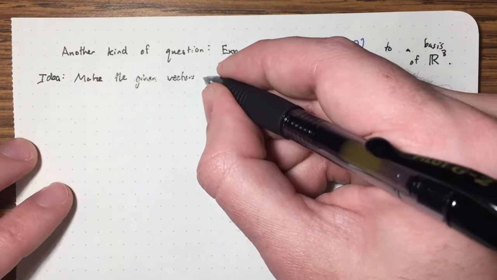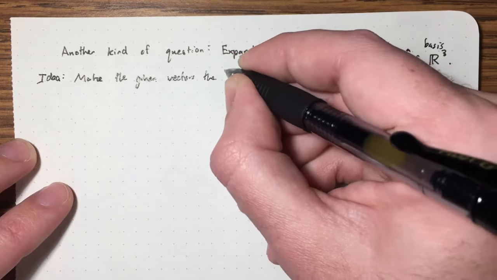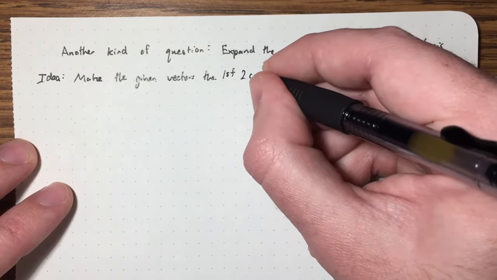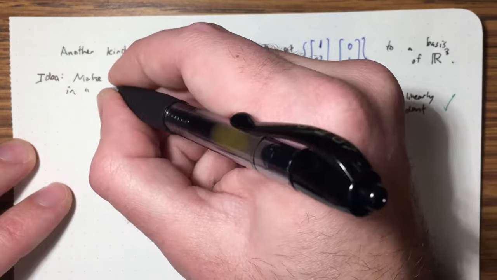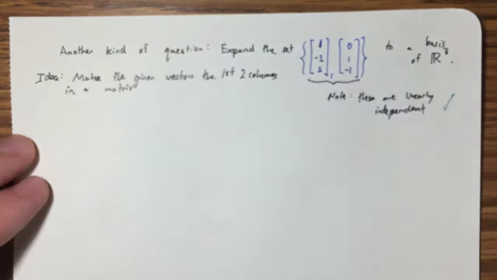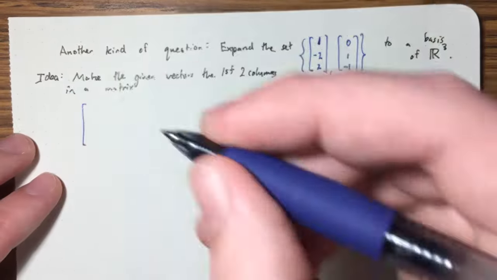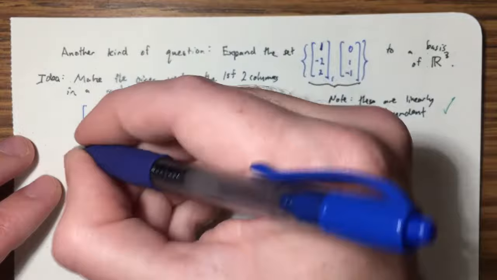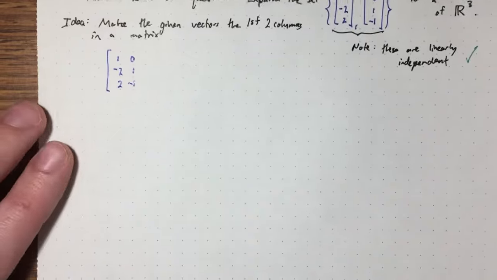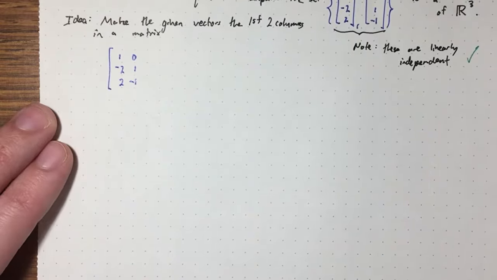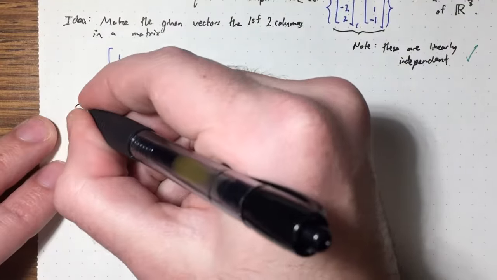Make the given vectors the first two columns in a matrix. So I'm going to start out with these two, using some ideas that we just saw. I'm going to make those my first two columns, and then I'm going to fill up the remaining columns.